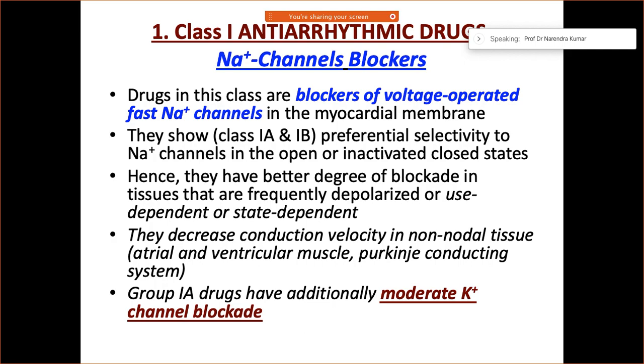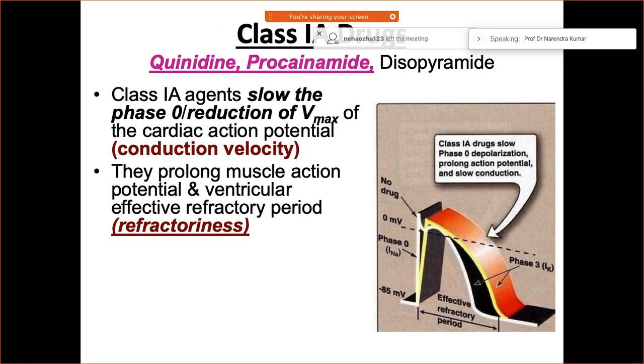On an overall basis, class 1 drugs are the blockers of sodium channels, right? So they show a better response of blockade, for example in the use-dependent or state-dependent manner, in fact. And yes, the 1A drugs do have a slight potassium channel blockade effect as well.